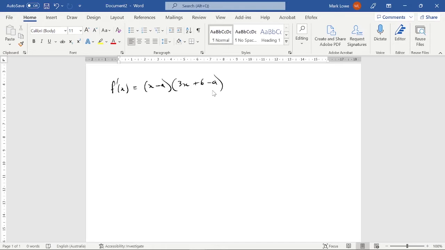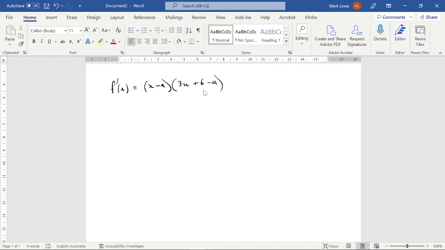Depending on how you went about doing that, whether you expanded it and then differentiated it, or whether you used the product rule, using the product rule probably allowed you to factorise it a bit easier, to get to this point here.